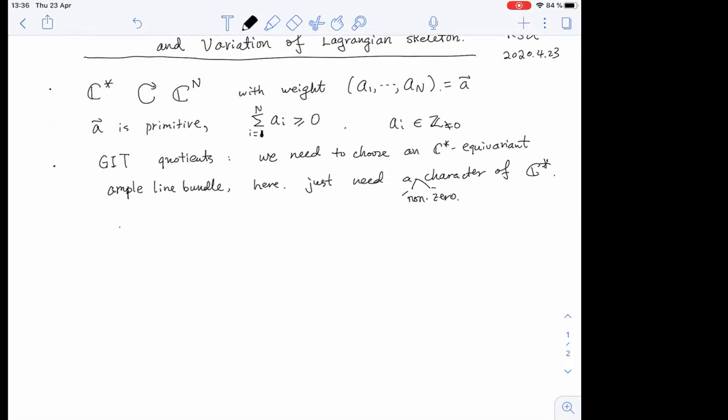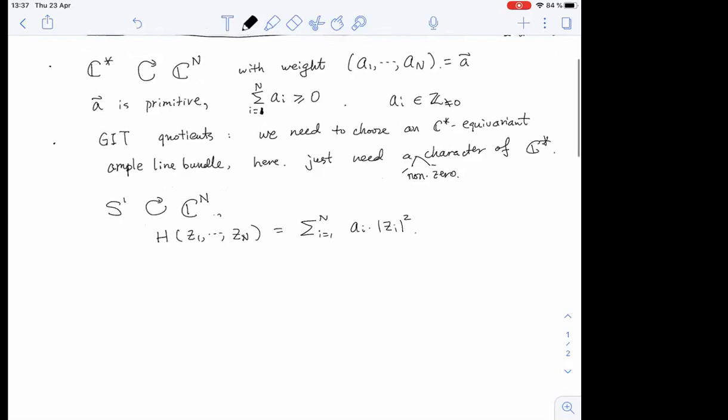So I would want to view this as a Hamiltonian reduction of S^1 acting on C^n, where the Hamiltonian function h(z_1 through z_n) is going to be the sum of a_i |z_i|^2.